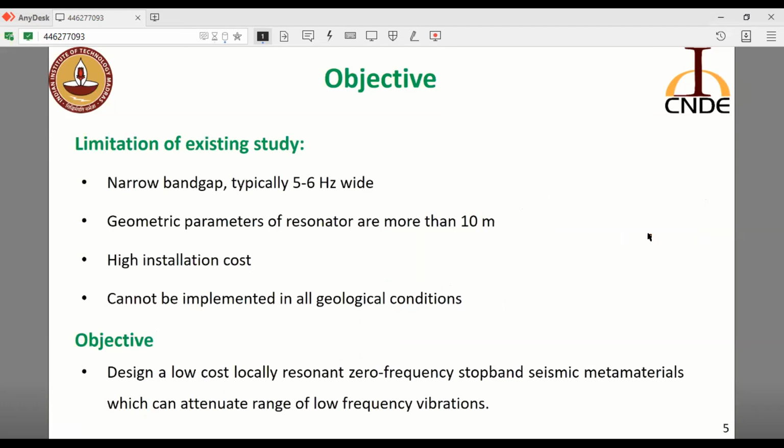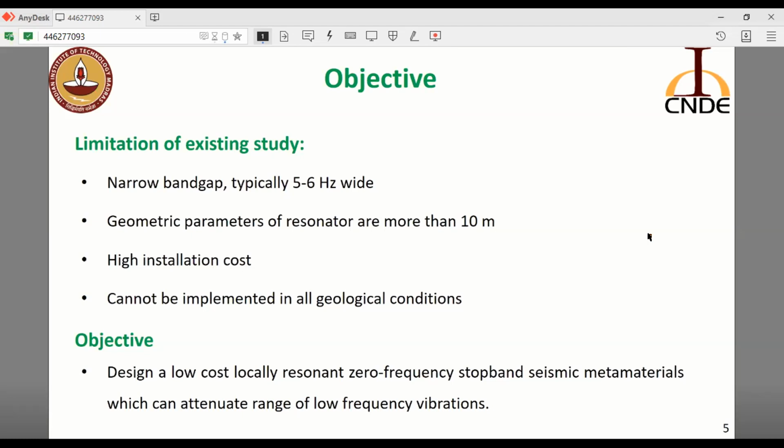So, as we have discussed, research has been done over a period of time, but these studies typically give us a very narrow band gap. Also, the resonator height is more than 10 meters, so the installation cost and practical feasibility are a problem.